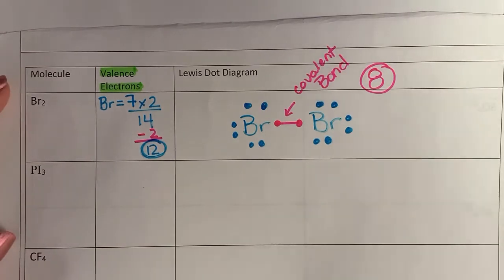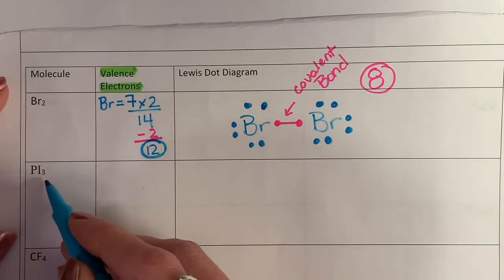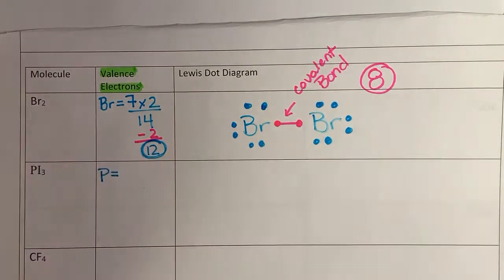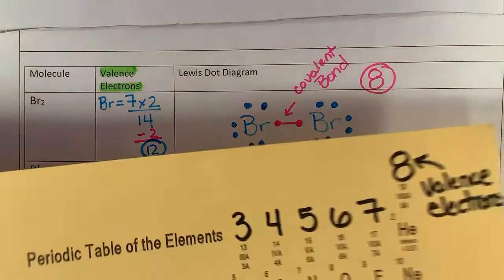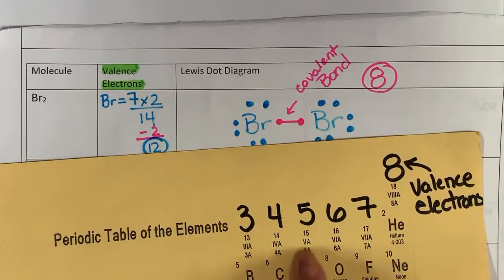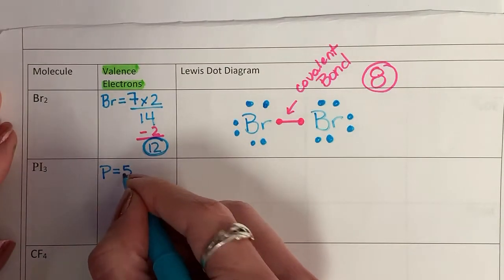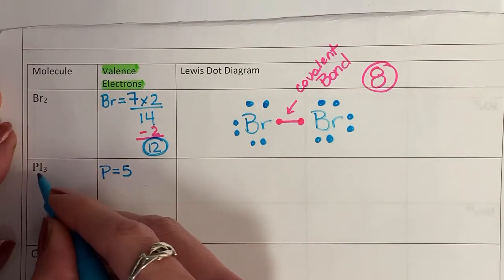Okay, phosphorus triiodide. Phosphorus has 5 valence electrons. This time, there's only one phosphorus.